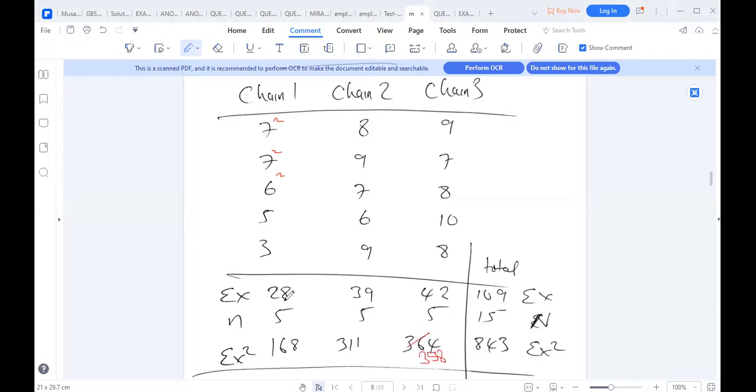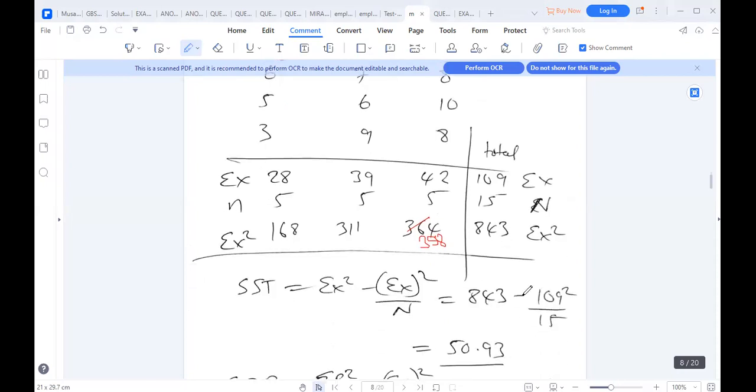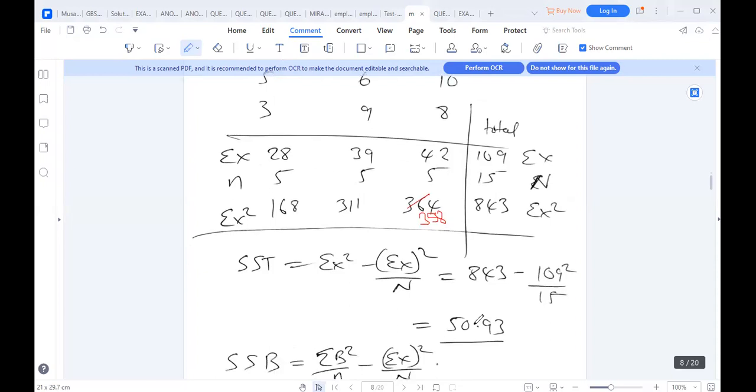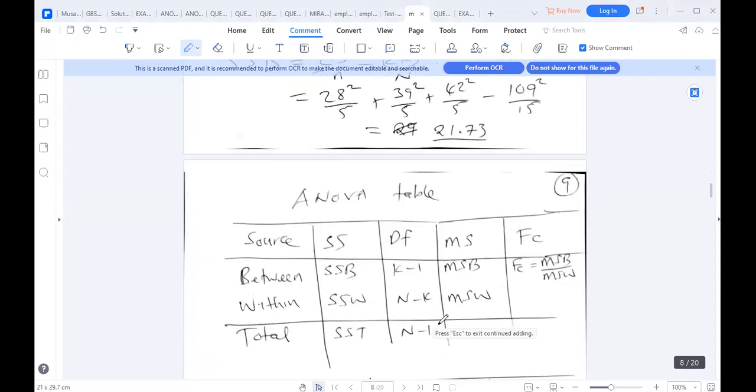Then you total up this plus that, 102, this plus that, 15, this plus that, you get this figure. So after totaling them up, you get the sum of square total, which is supposed to be 44.93.